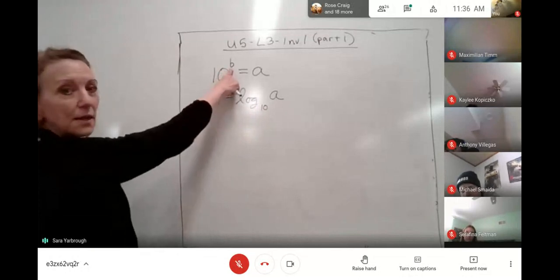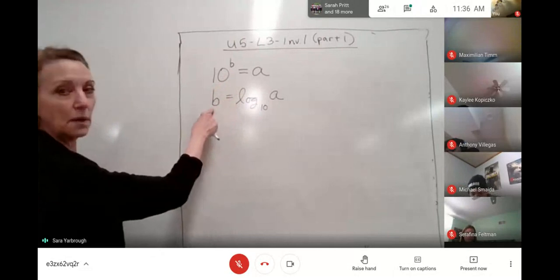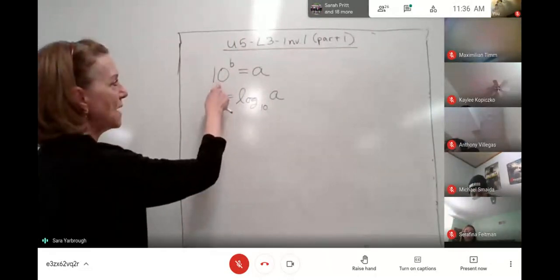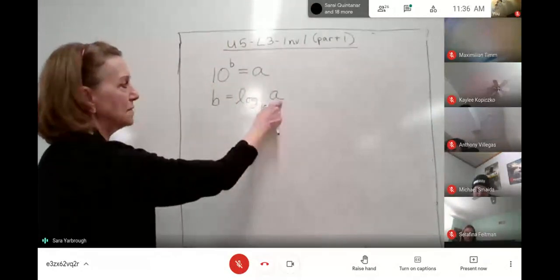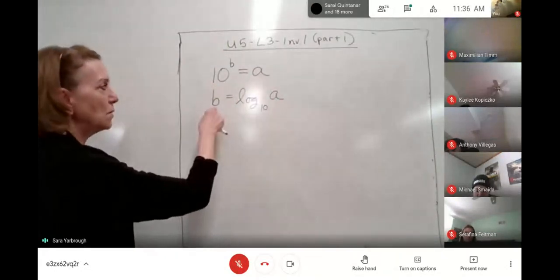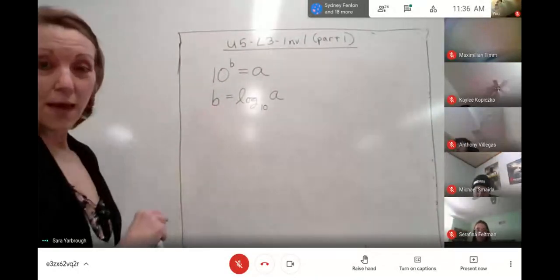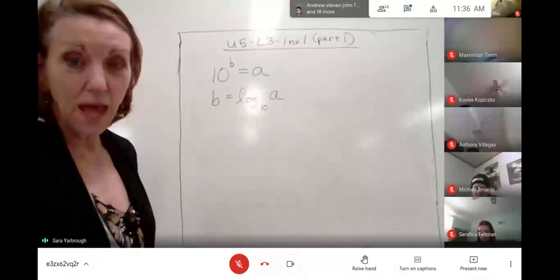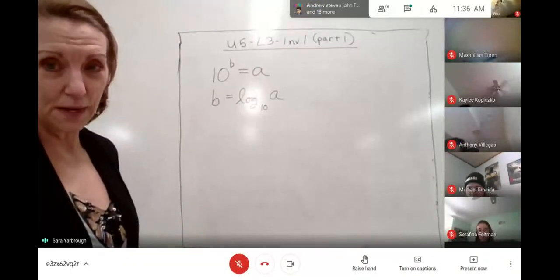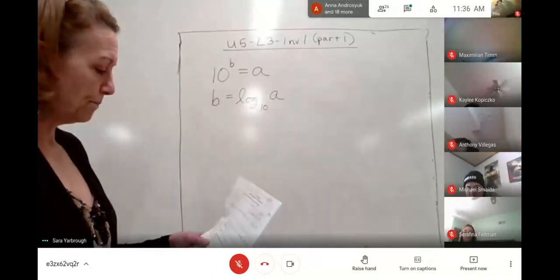See the exponent? The logarithm is the exponent. So the base here goes here, and the base 10 log of this number in this position is going to give you that exponent. Now you write that down. Even if it doesn't make any sense to you, you write that down and it's going to make sense to you in a couple of minutes. We just got to put some numbers in and you'll see how it works.